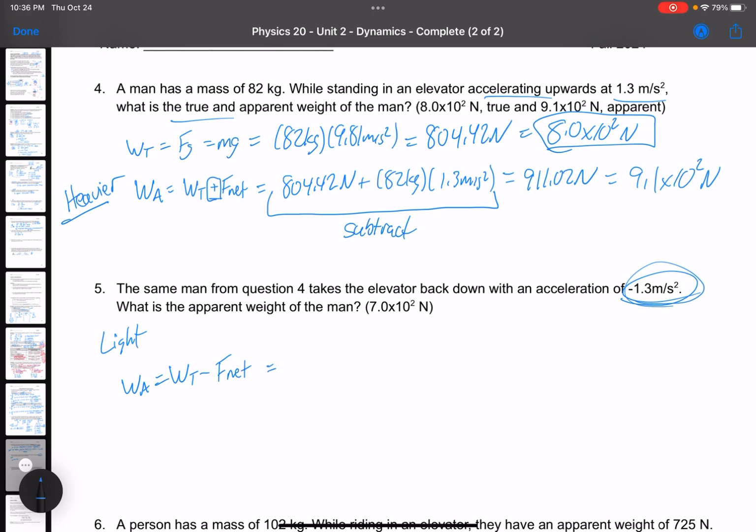Using my numbers from before, 804.42 newtons, subtract 82 times 1.3 gives me 697.82 newtons. So 7.0 times 10 to the power of 2 newtons.